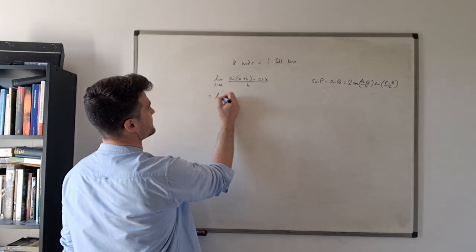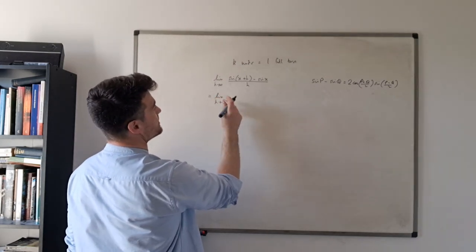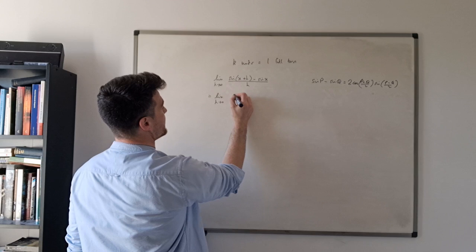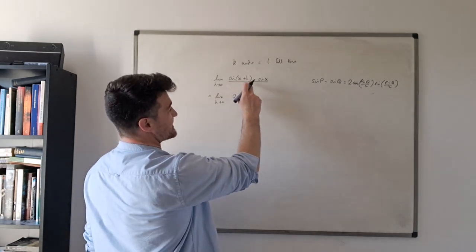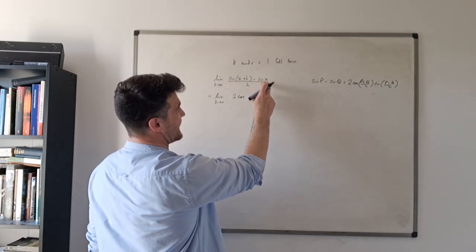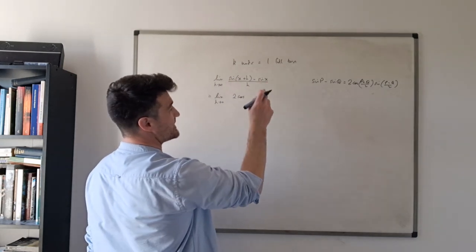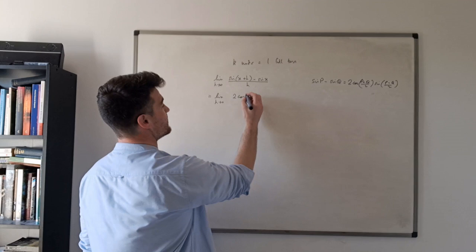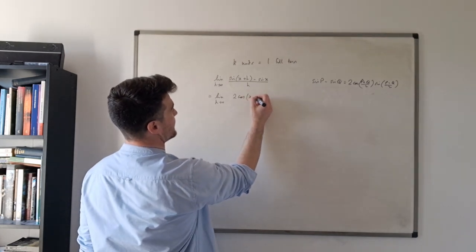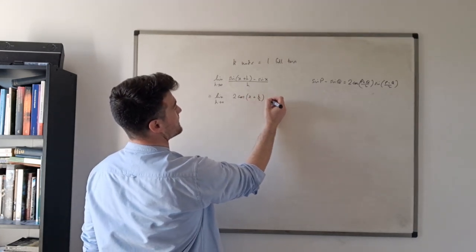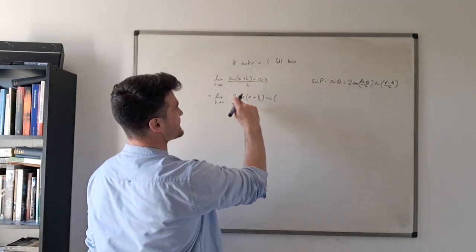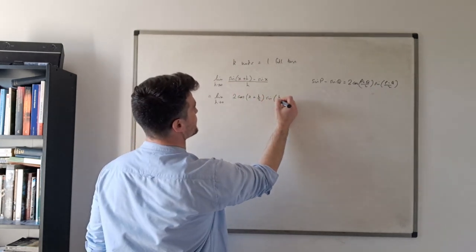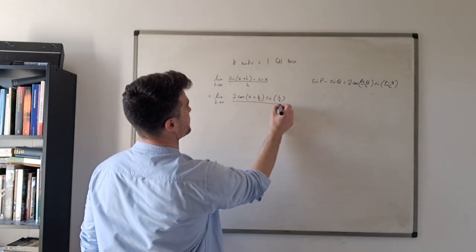So this is equal to the limit as h approaches 0 of, what do we get? Twice cos, p is x plus h, q is x, so it's going to be (x plus h plus x) over 2, which if I simplify a little bit, I get (x plus h) over 2, sin ((x plus h minus x) over 2), so that's just going to be h over 2, all over h.